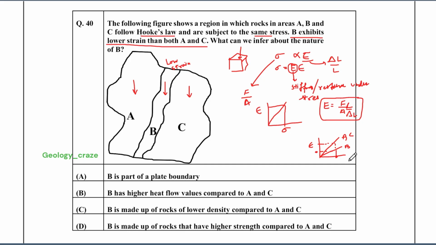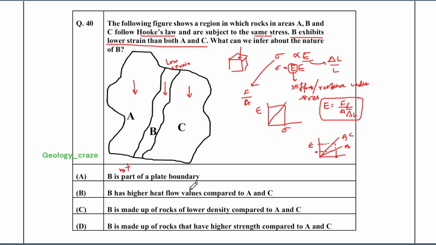Now we are coming to our options so that whatever we have learned till now, we can find our answer and also learn these options. In the first option, B is a part of a plate boundary. B is not a part of a boundary. Why am I telling this?